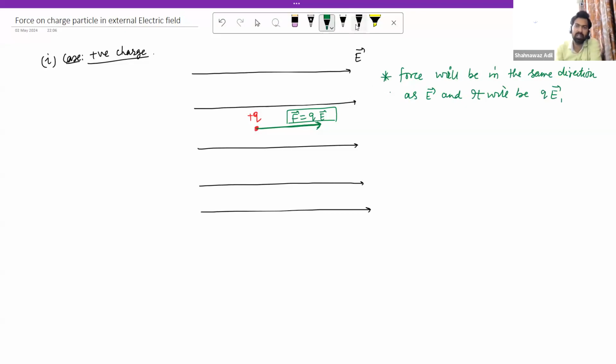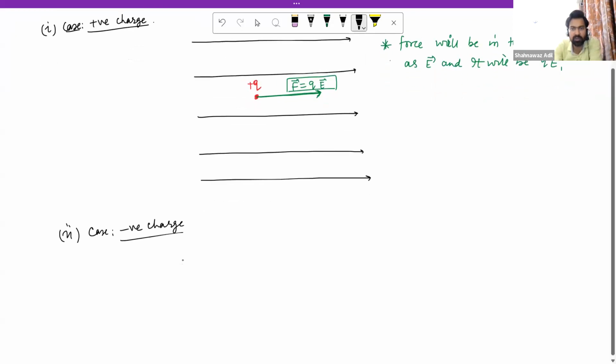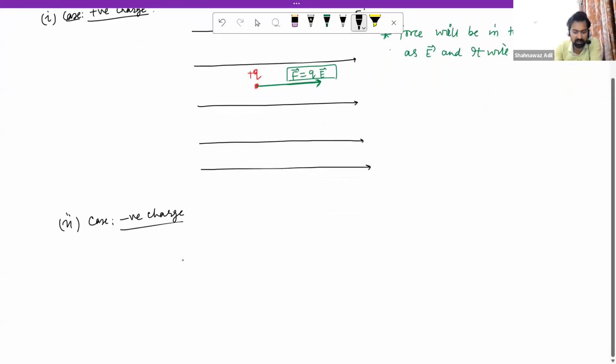If we have a negative charge, right? Then what would be the force experienced by that negative charge?